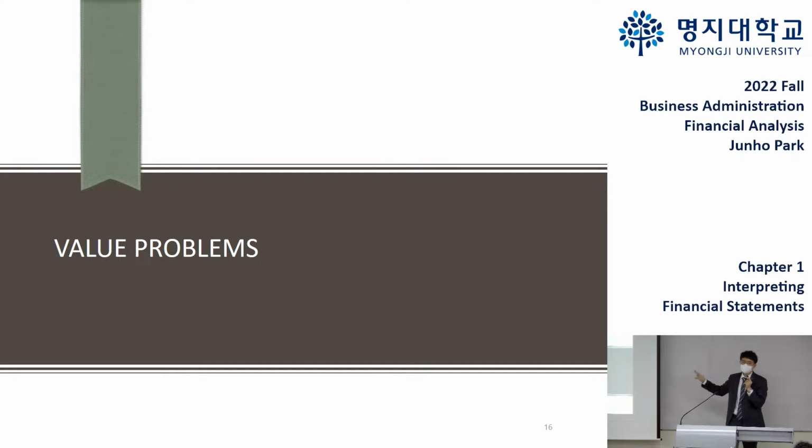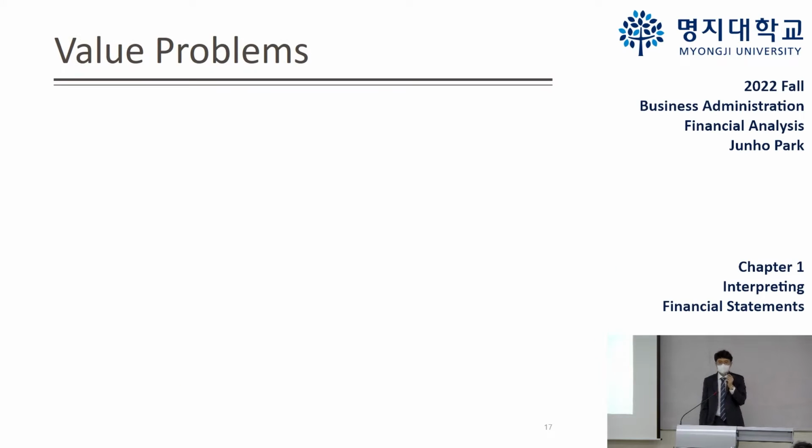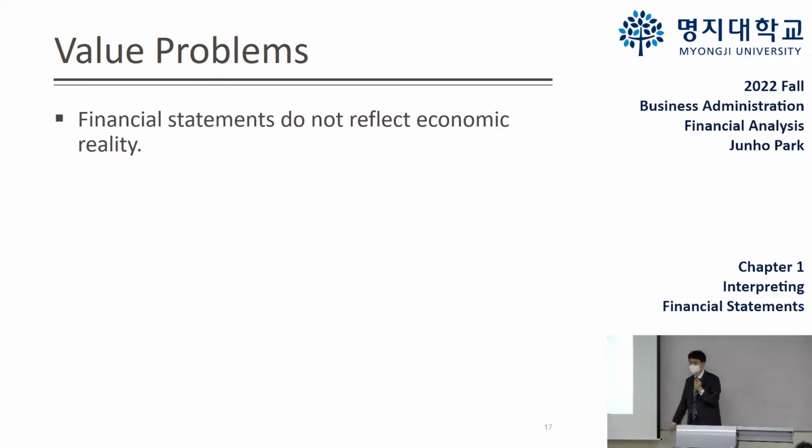So we are going to discuss several limitations that financial statements have, and then we are going to learn how we need to approach or overcome these limitations. So the value problems, this is not an official term, but I'm going to use it because the textbook is also using the same term.